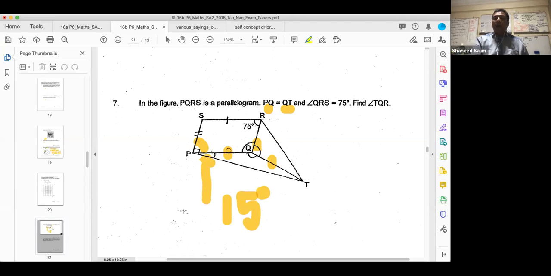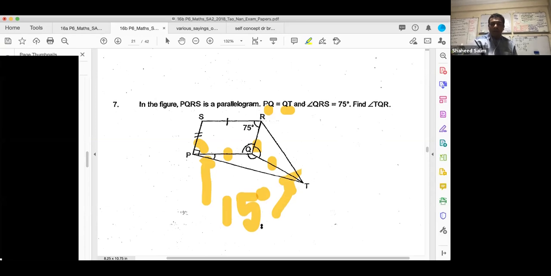So that means these two are equal. If it's equal, that means this triangle is isosceles. If this is 15 here, this is also 15 here. So 15, 15, how much is this angle? Take 180 minus 15 minus 15, you get 150. This angle here is 150.